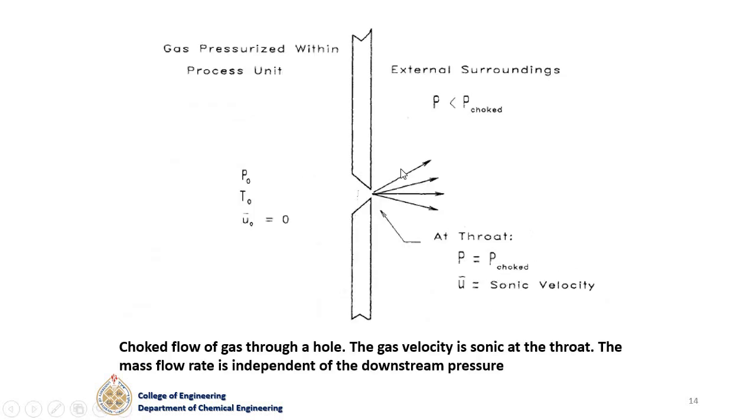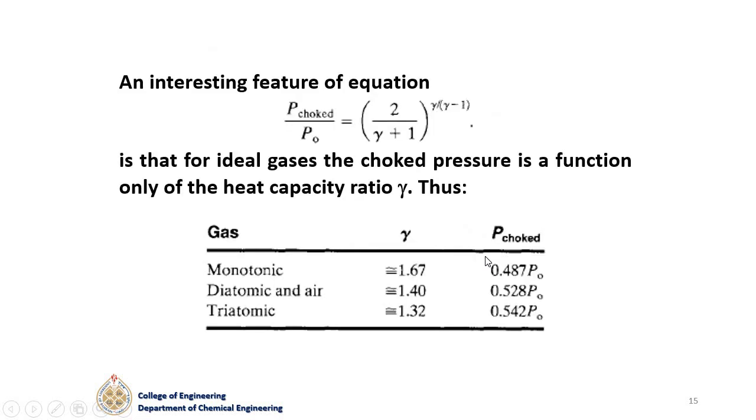So P is equal to P choked, the maximum P that I'm going to have here. Based on this equation obtained when I made the derivation of P over P naught equal to 0 and found the maximum pressure, someone came and said that through their studies, for a monatomic gas, only one type of atom, gamma is 1.67, and P max is 0.487 P naught.